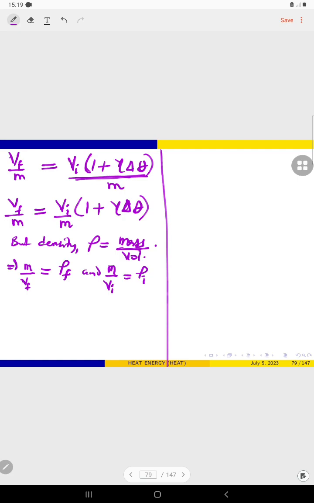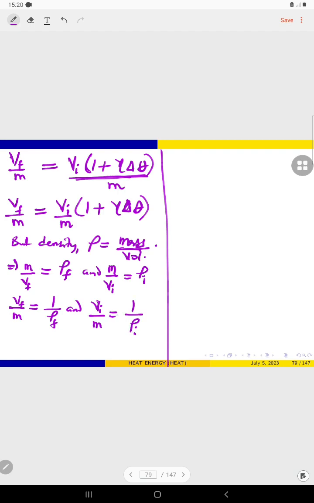All right, so what can we say here? If mass over volume will give us final density, then can I say that Vf over m will give me 1 over this, and Vi over m the same?